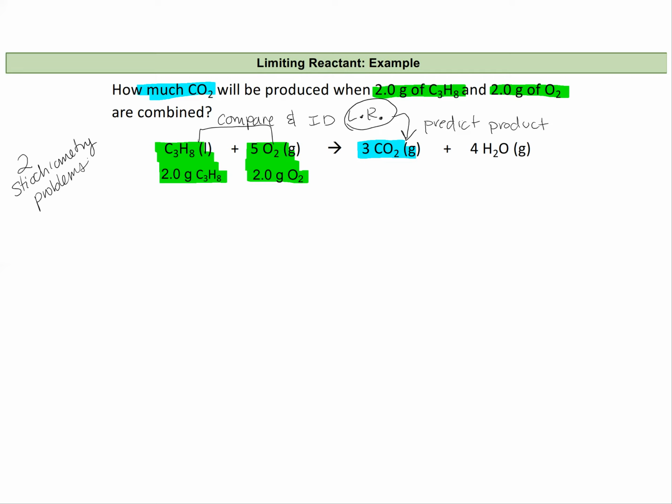So if you saw this type of problem, the red flag here would be that you had 2 pieces of information about your reactants and you were being asked to convert into another product. So the way I would approach this is to, as always, 1, balance my equation, which is already done, and then 2, build my conversion factors.